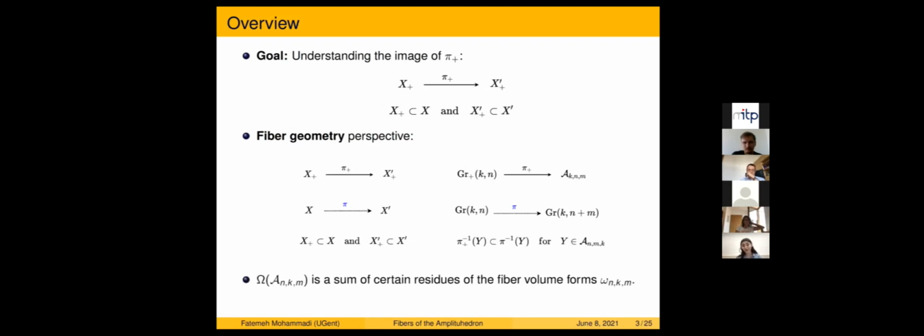For example, we will see that these fibers also come with unique top degree rational forms, similar to the canonical form of the Amplituhedron, and certain residues of these fibers lead to computations of the canonical form of the Amplituhedron.